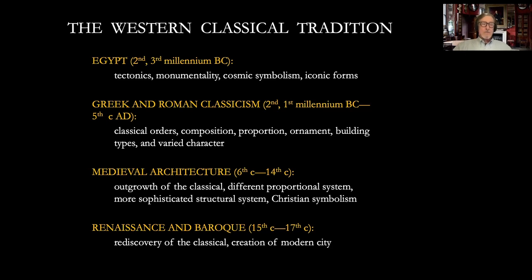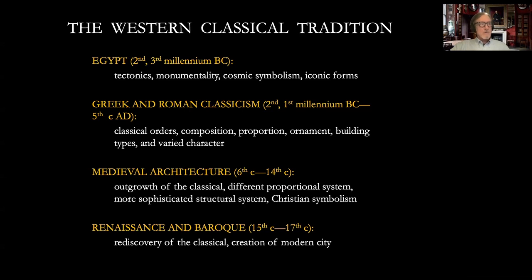Then we move on to the Renaissance and Baroque periods, the 5th century through the 17th century. And this is really a rediscovery of the classical, where the architects, after sort of a detour into the Gothic and other styles, were returning and rediscovering the language of classical architecture as established in antiquity.